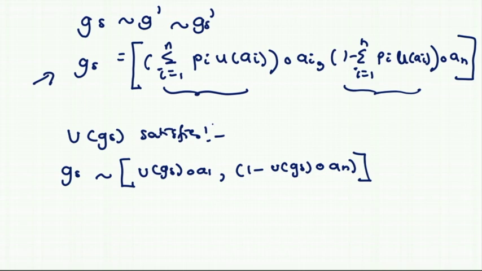Before I proceed, let me make a correction because I think I have made some mistakes in terms of notation. Look here, this a_i shouldn't be a_i, it should be a_1. Otherwise, it's not comparable with the previous G_S prime, and with the last one here.